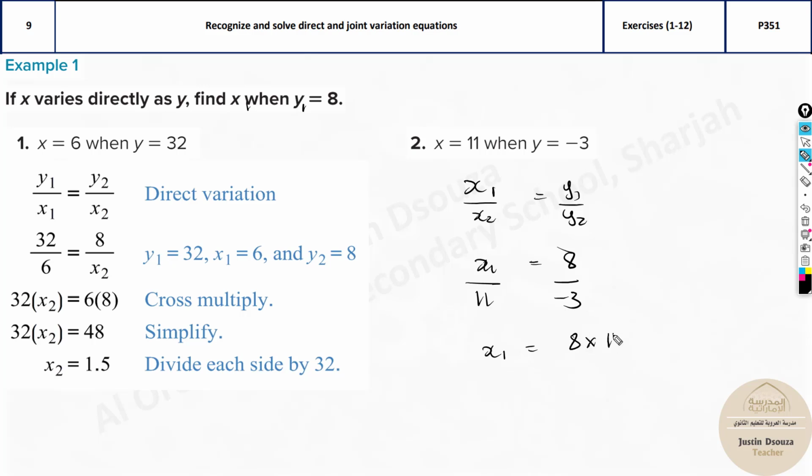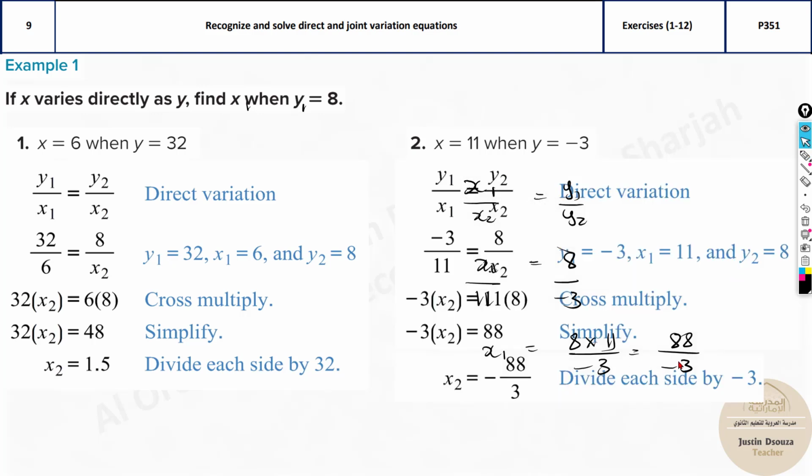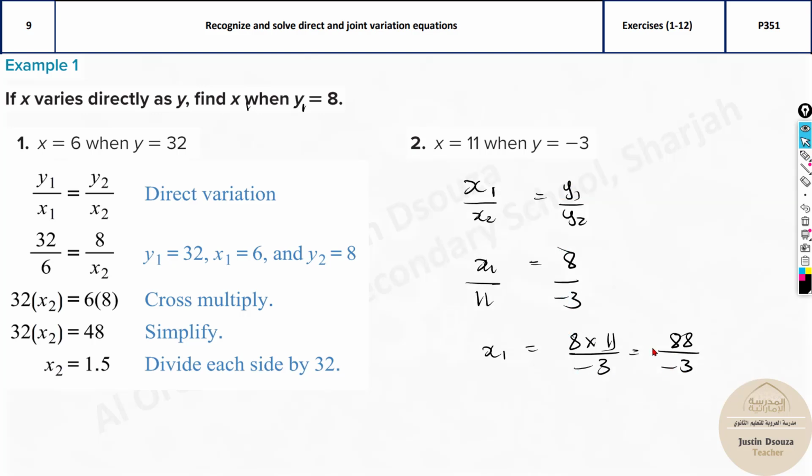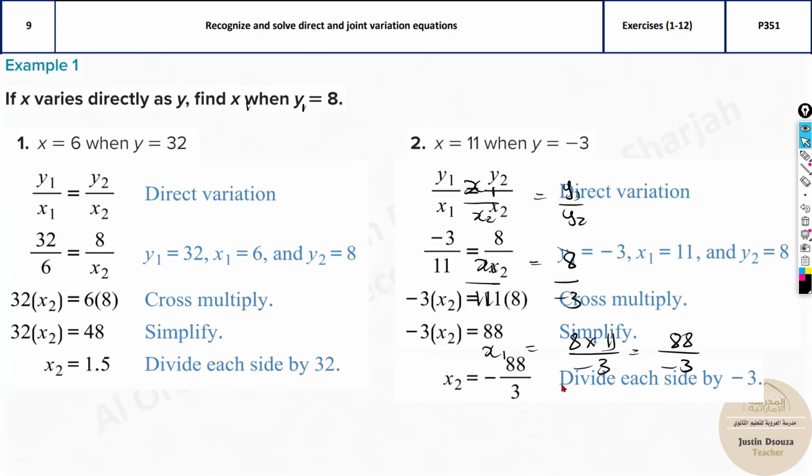Here 8 times 11 divided by minus 3 is 88 by negative 3. 88 is not divisible by 3, so that's it, or you will get around 14 point something. But you can leave it negative, the minus applies to the entire equation. So minus 88 by 3. That's the answer.